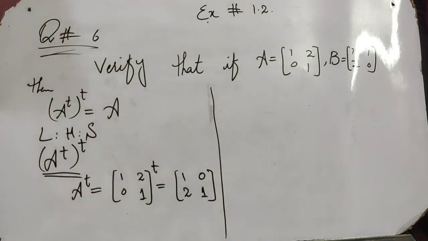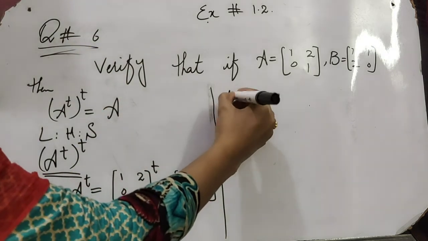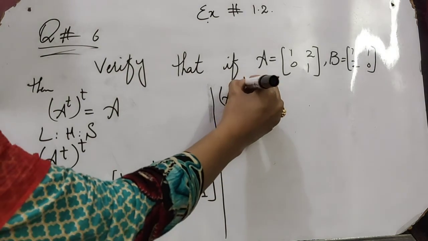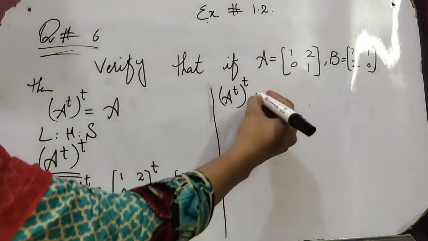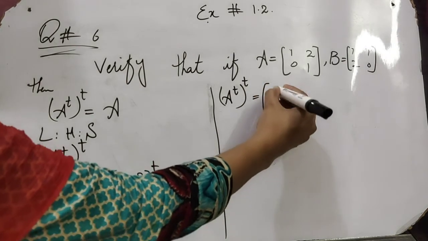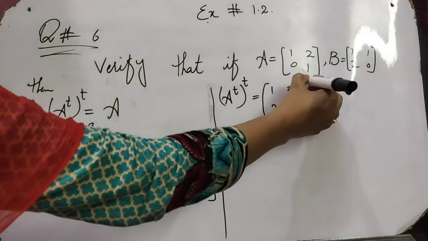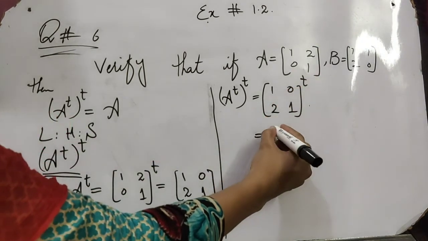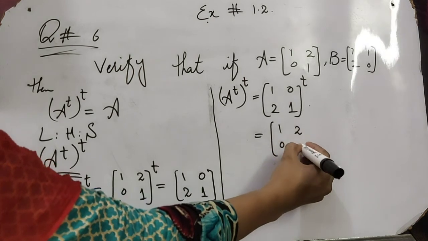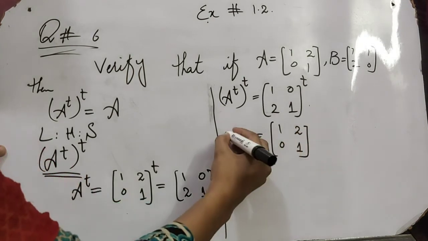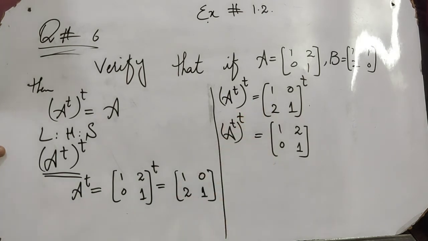Now we move to the other side. Now for the transpose of A transpose, we find the transpose of 1, 2, 0, 1, which is equal to 1, 0, 2 and 1, and here is the transpose of A transpose.